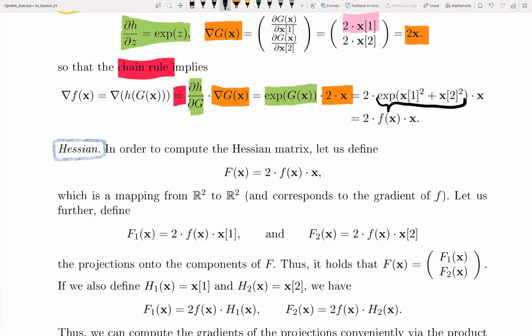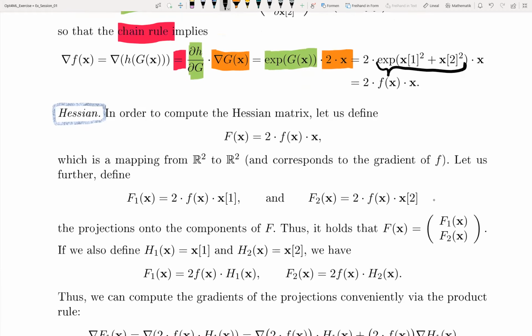And to make things more simple, we give the gradient now a new name, let's say a new label. We call it now capitalized f of x. So this here is really the same as the gradient. I use this to make the notation a bit easier.